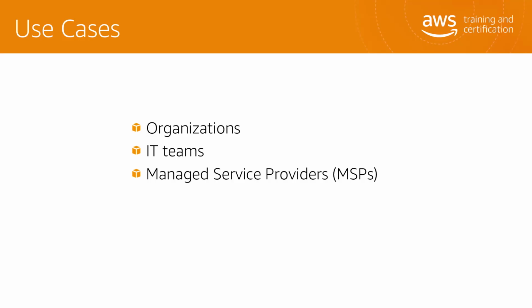So, who should use the AWS Service Catalog? The AWS Service Catalog was developed for organizations, IT teams, and managed service providers who need to centralize policies. It allows IT administrators to manage AWS resources and services. It provides large organizations a standard method of provisioning cloud resources for thousands of users.